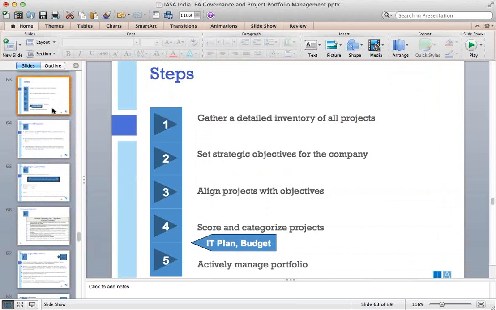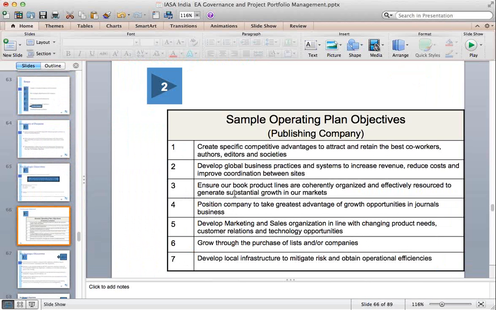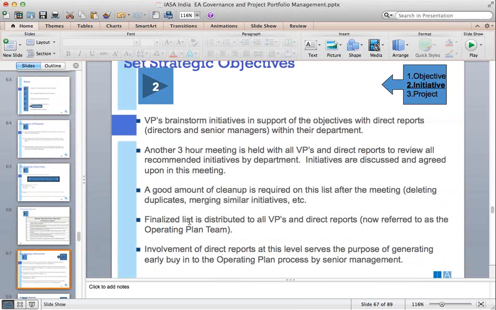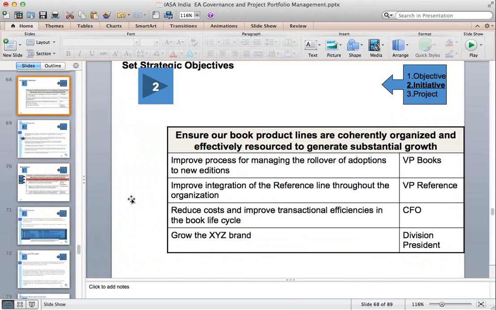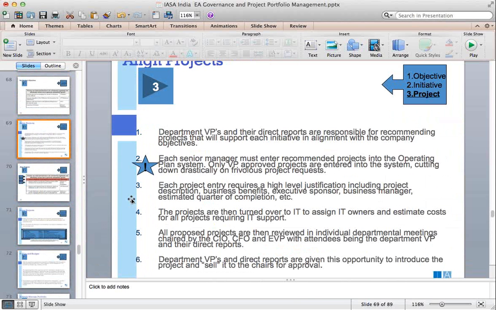The third point was aligning projects with objectives, and that was where we have to take the need from this set of objectives, what brainstorm they have, take inputs from this, and move to the alignment of the projects.